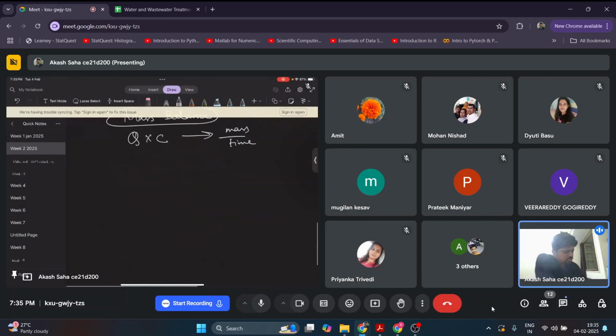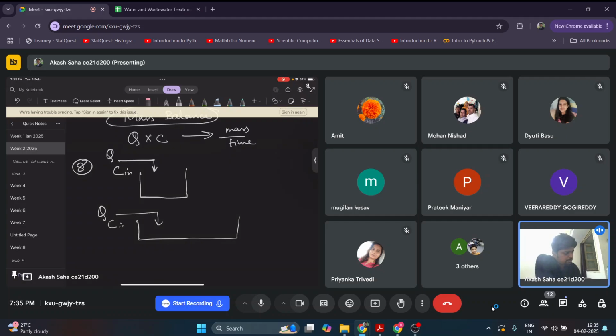In that question, they are saying that suppose there are two reactors. One is a CSTR, one is a PFR. The Q that is incoming in both the reactors, the discharge, is Q. The incoming is C in here, and here also incoming is C in.